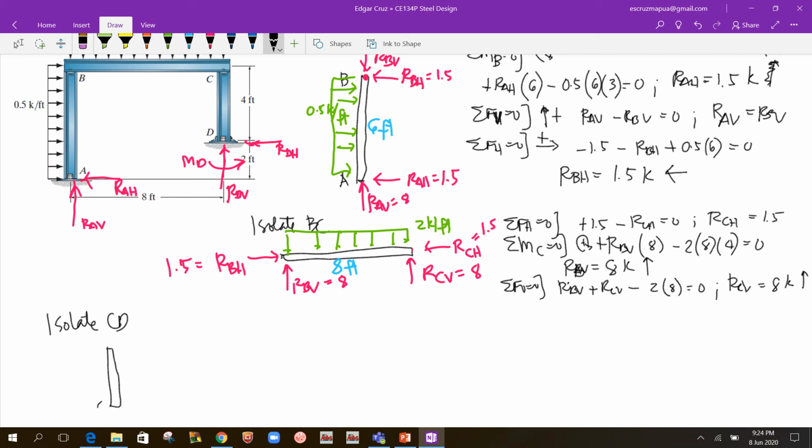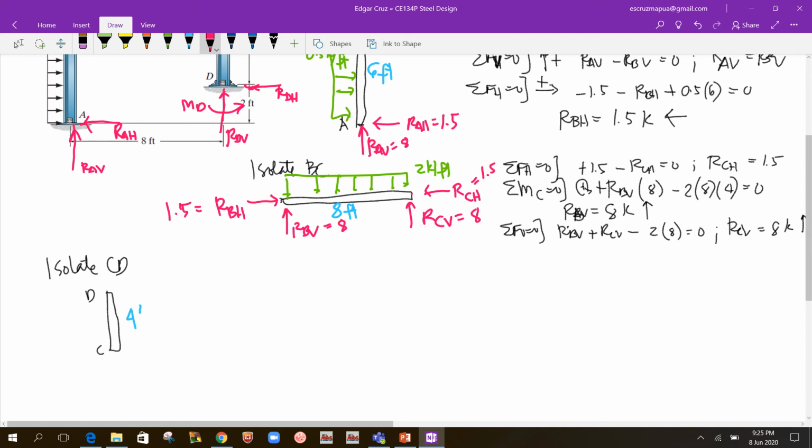So this is C and this is D. Okay, so this is 4 feet. Tapos wala naman load, no? So 4 feet, so walang load. So di bali, meron lang dito RDV. Sorry, this is C, this is D.